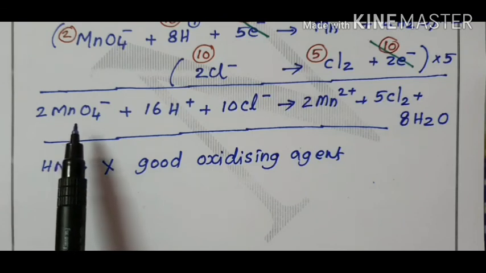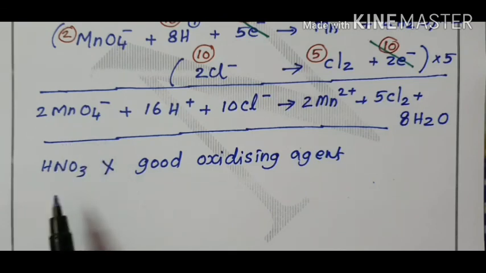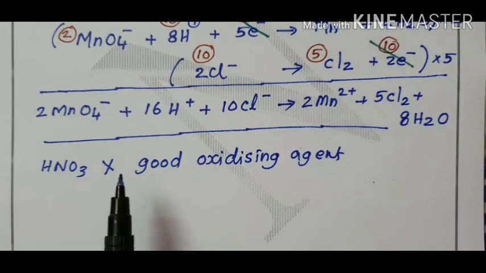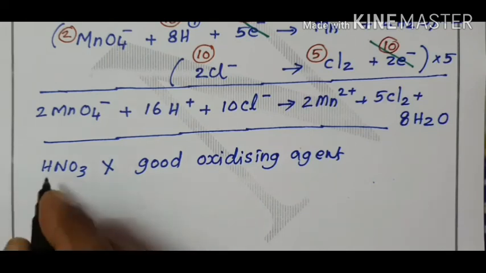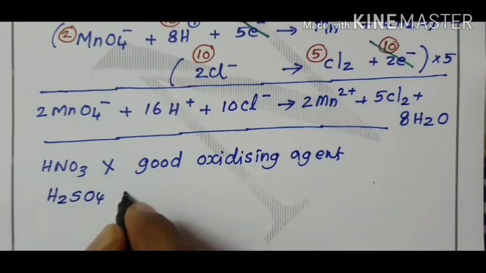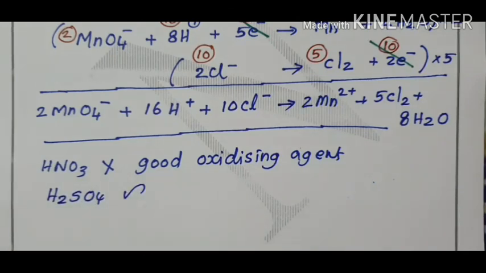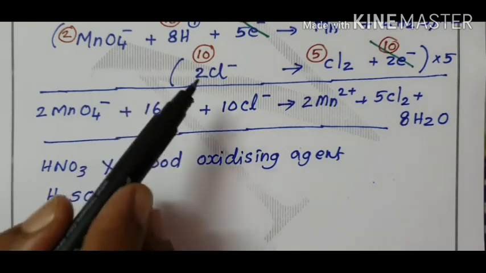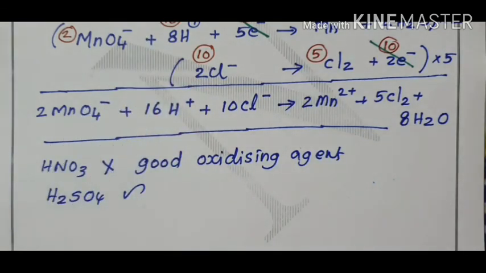KMnO4 is an oxidizing agent. It always reacts with HNO3, a reducing agent. Sulfuric acid is found to be the most suitable since it does not react with potassium permanganate. So, acidified potassium permanganate means potassium permanganate with sulfuric acid, not with hydrochloric acid and nitric acid.